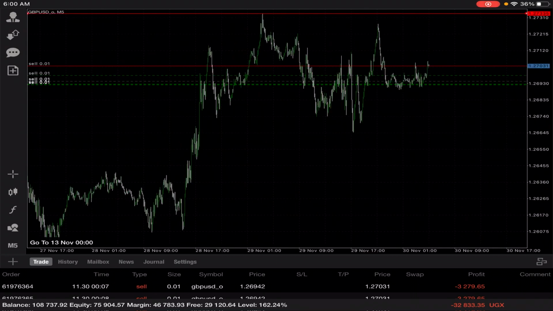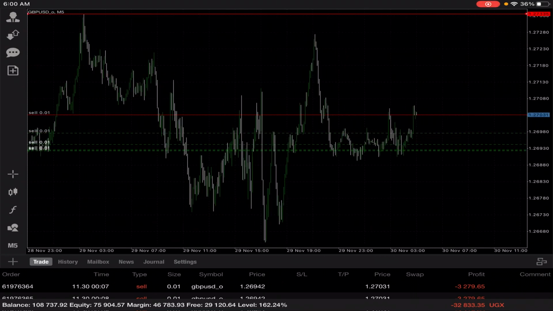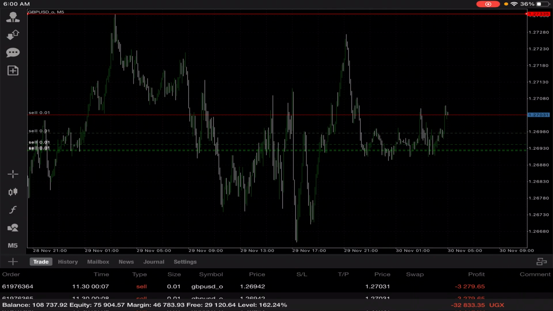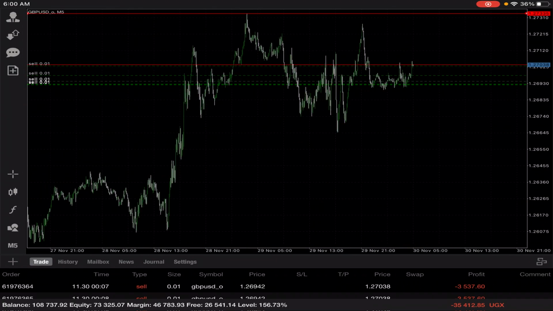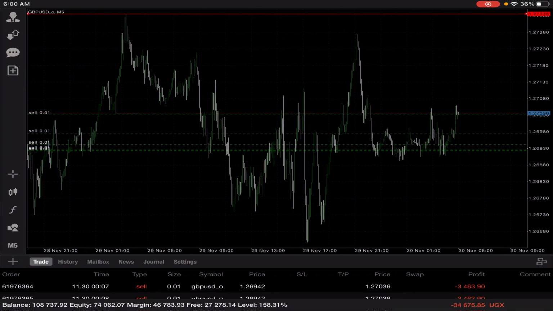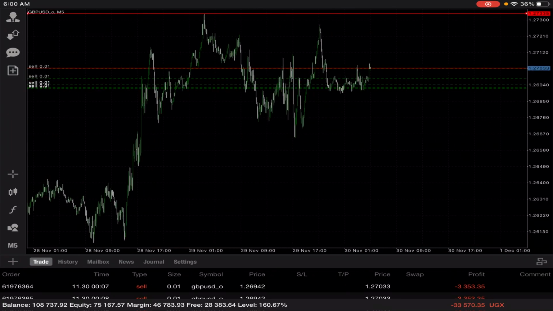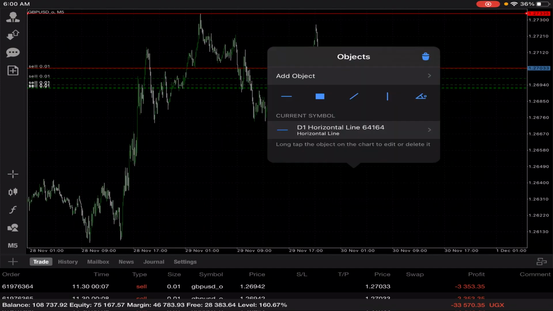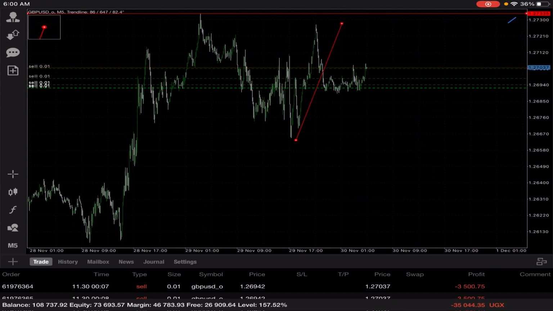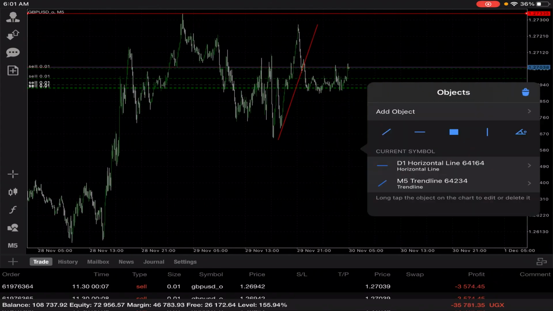Do you see this pattern here, this rally? Let's look at retail traders. What happens on retail chart patterns is this. They have a rally, then what follows next? Retracement.